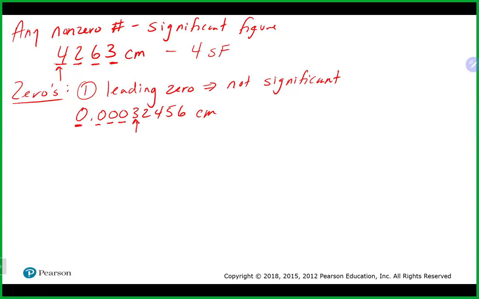Right there at the 3, that is our very first non-zero going left to right. That is when we start the clock, if you will, and start counting our significant figures. So now if we keep rolling through, that's a non-zero significant, non-zero significant, non-zero significant, and non-zero significant. So this number has 1, 2, 3, 4, 5 significant figures.